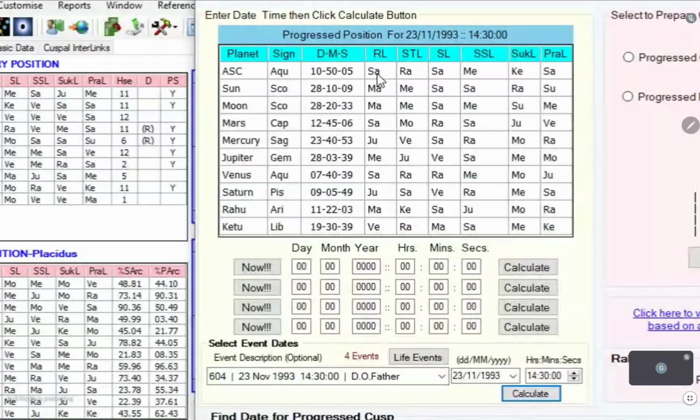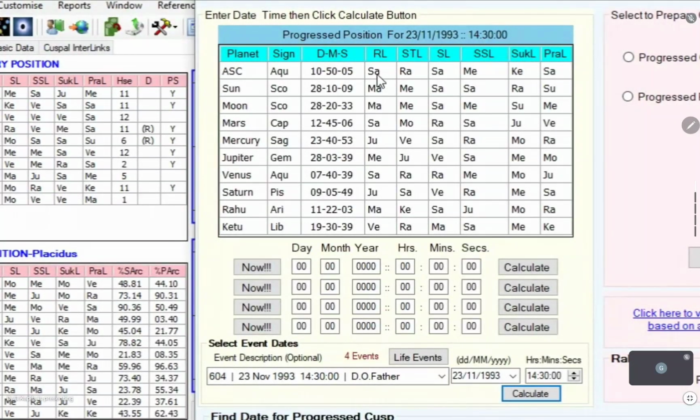What is the foremost and the important rule here? That we have to check on the basis of the progressed ascendant sign lord. The first important condition for death of the native or death of the relative of the native is on the basis of the progressed ascendant sign lord, and the rule says that the progressed ascendant sign lord has to be necessarily, essentially linked to the 8th and 12th cusp.